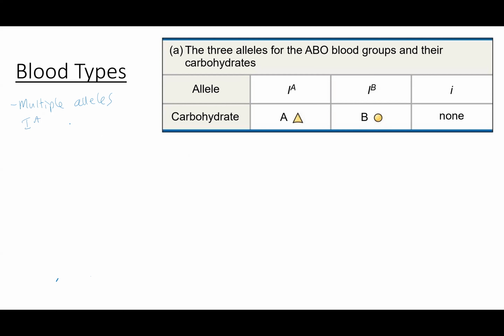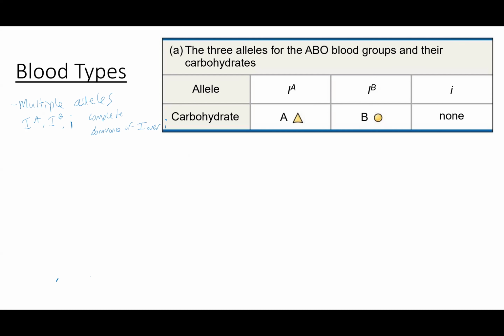And here's the thing about this: you still have some complete dominance in this case. We see complete dominance of either of the capital I's over the little i. So there's complete dominance of that.